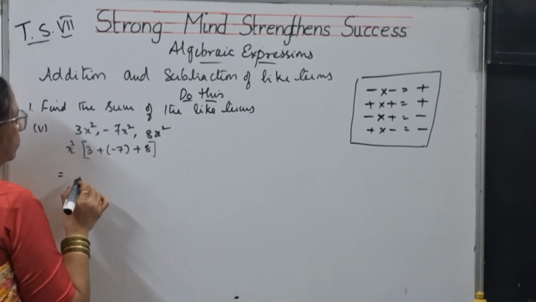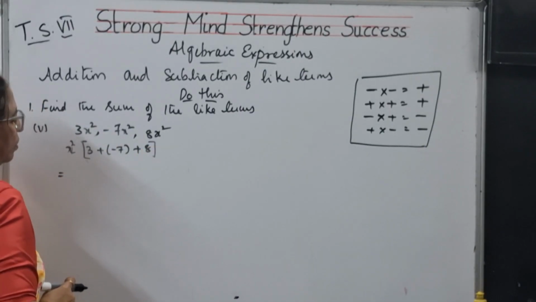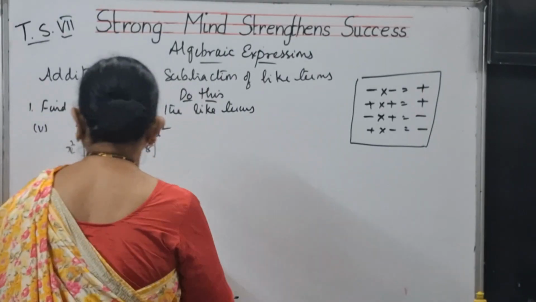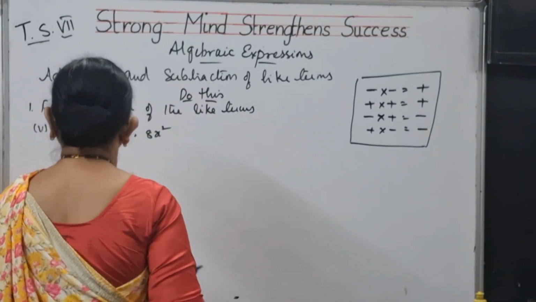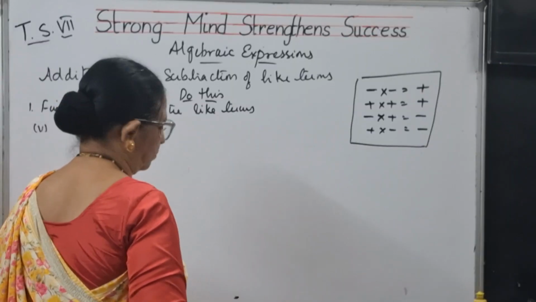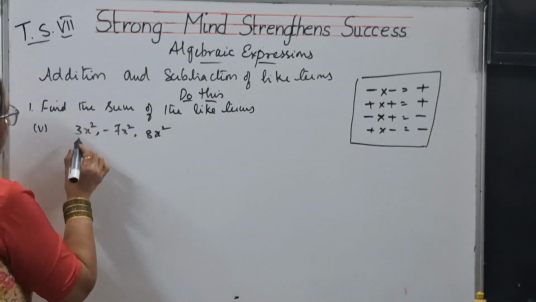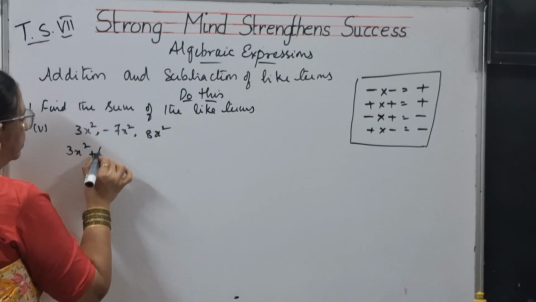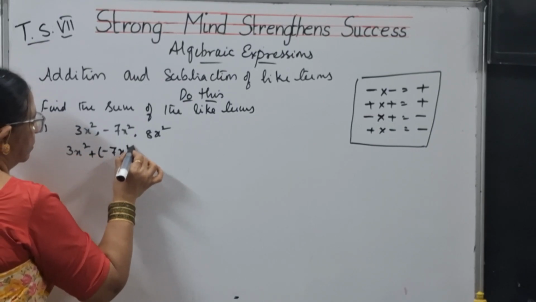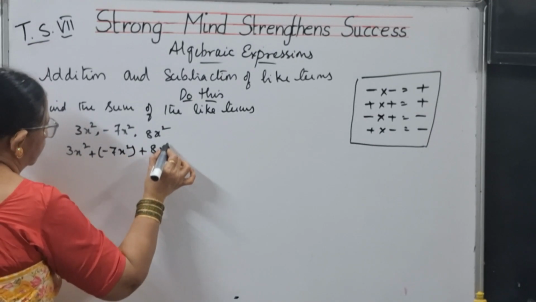This is equal to x square, it's not visible, children, again I will do. So the problem is you have to add 3x square plus of minus 7x square plus 8x square.